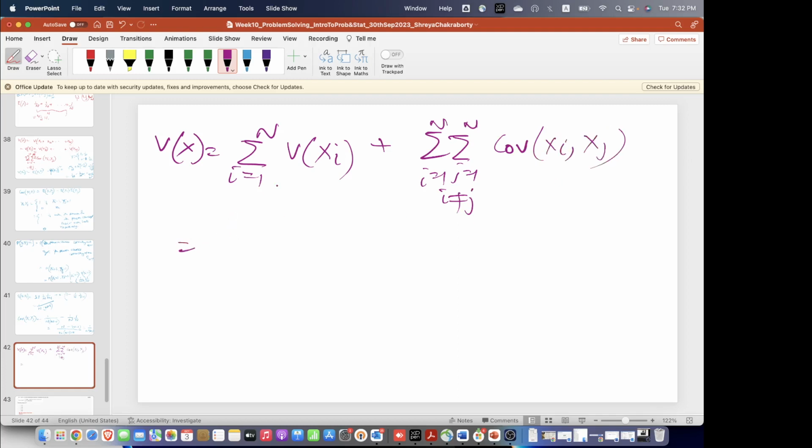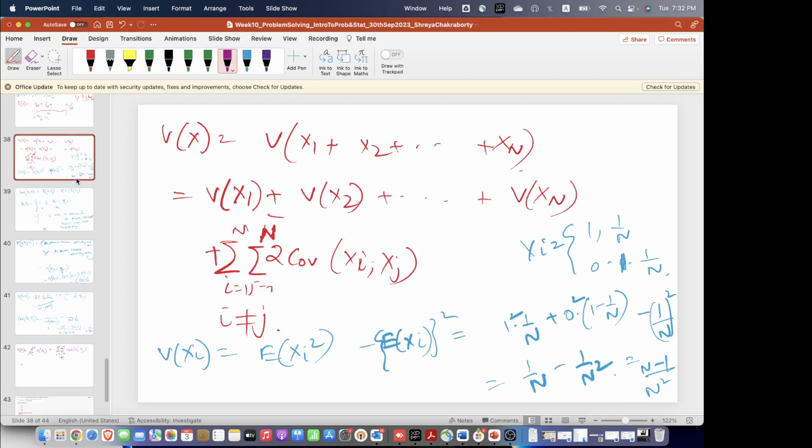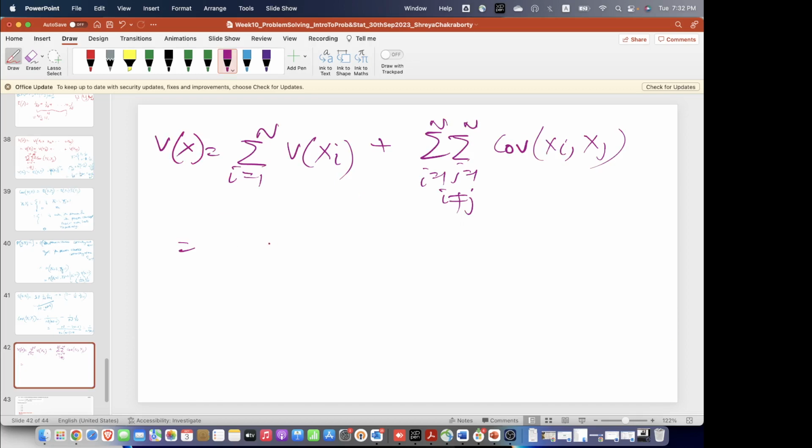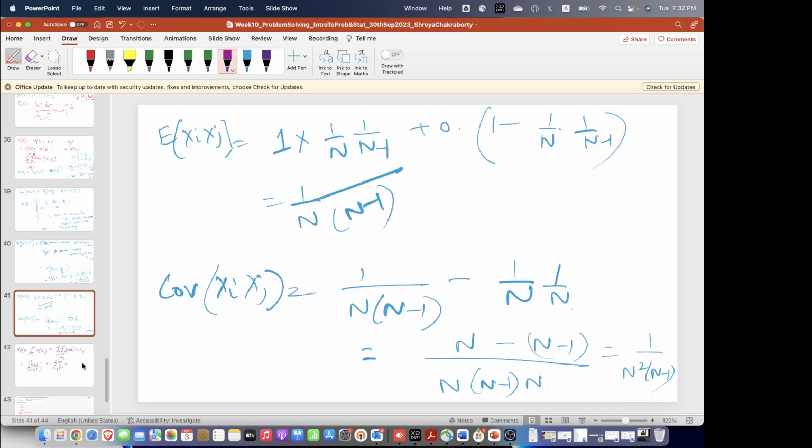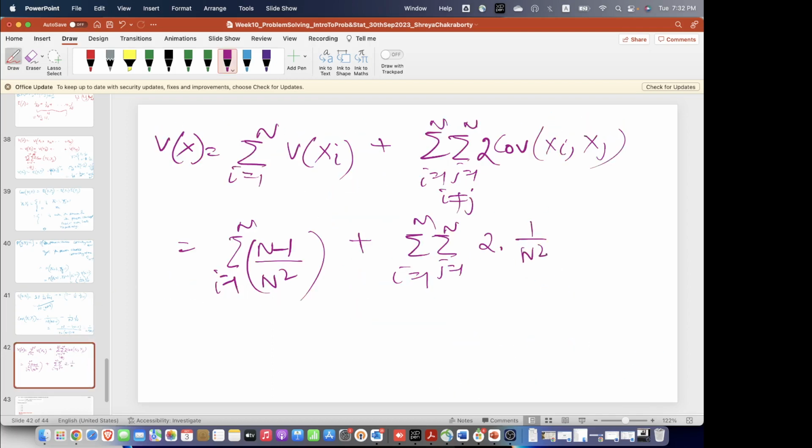So variance of each xi is n minus 1 by n square. This is n minus 1 by n square summation i equal to 1 to n plus double summation i equal to 1 to n, j equal to 1 to n, 2 into covariance of xi xj, which is 1 by n square into n minus 1, i not equal to j.